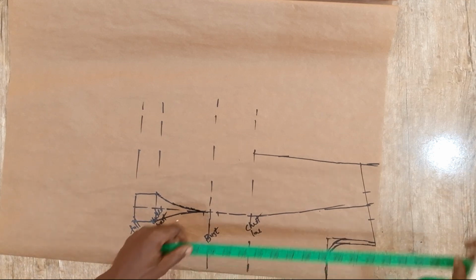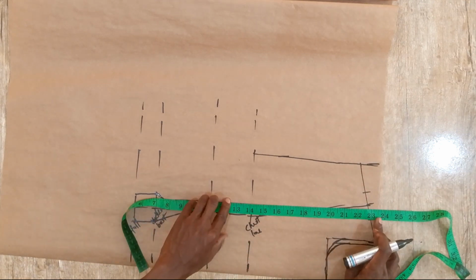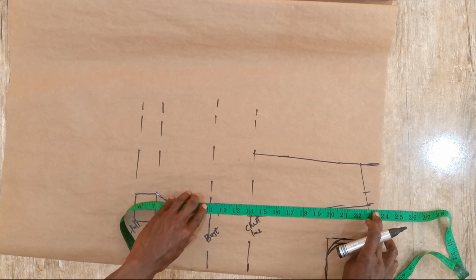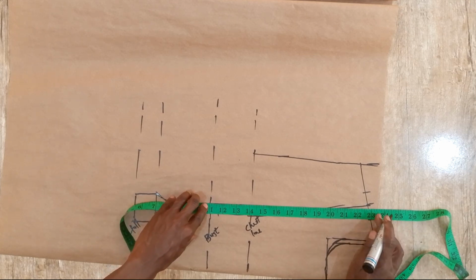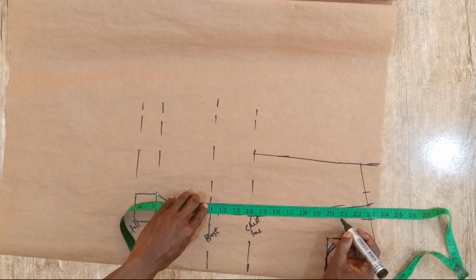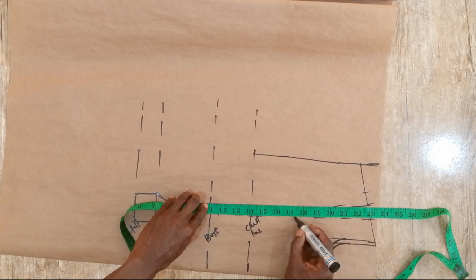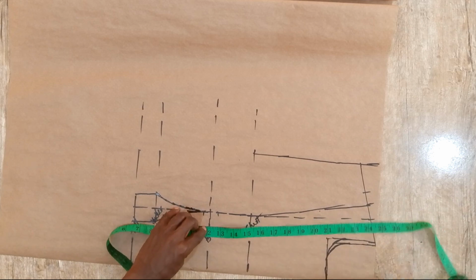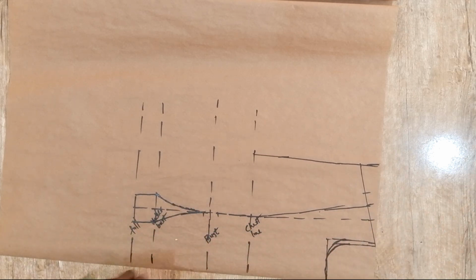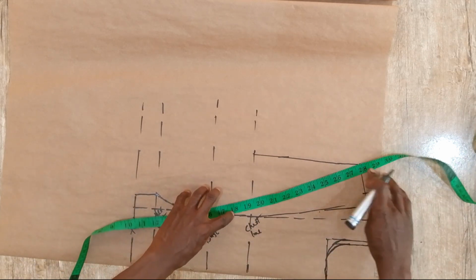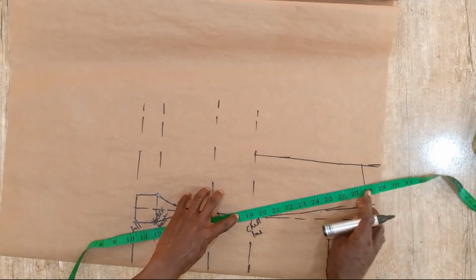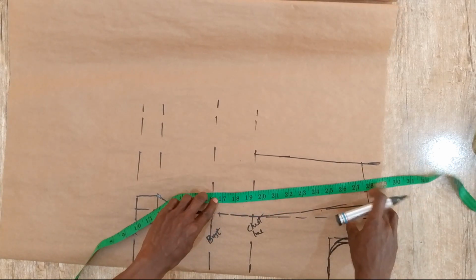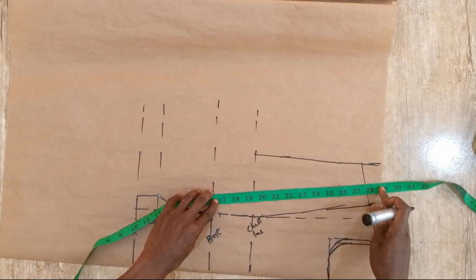And for this place, I'm going to connect it with a straight line. That is it. That's what we are going to take away. And from here as well, we are going to connect this dart also to this 1/2 point above here.